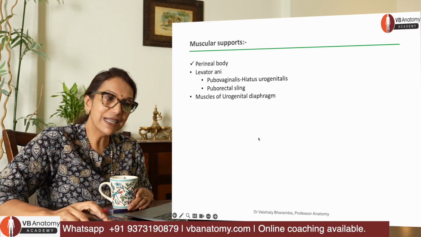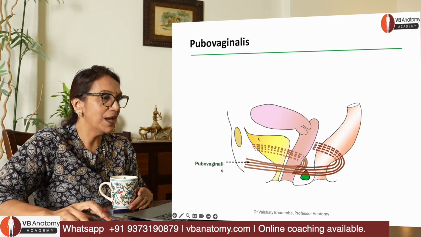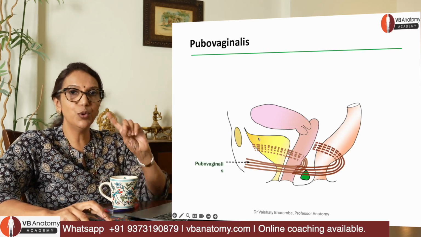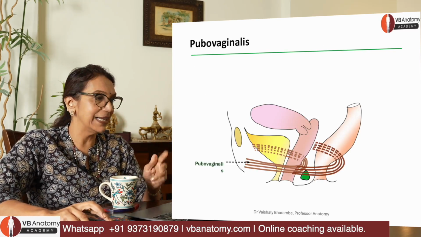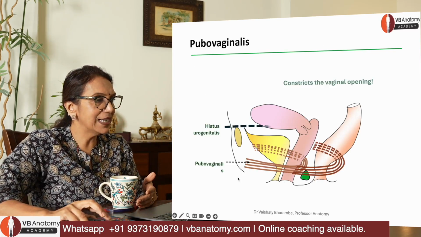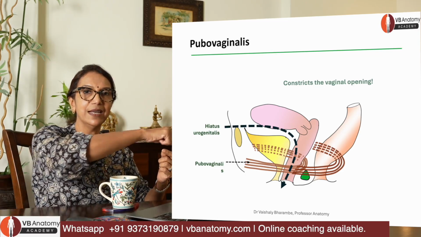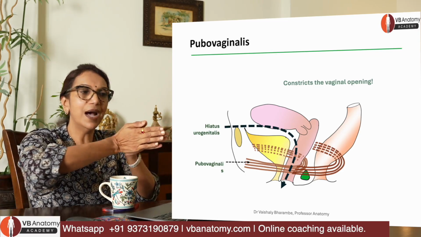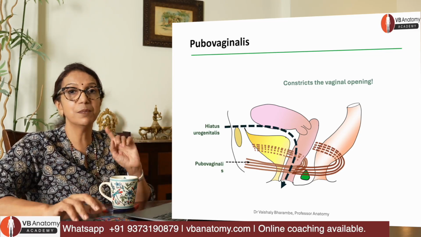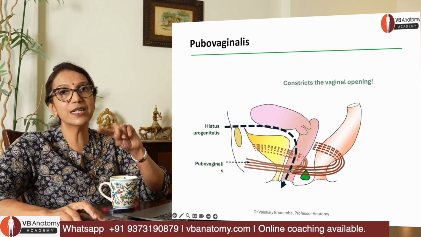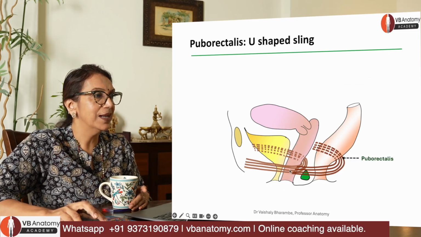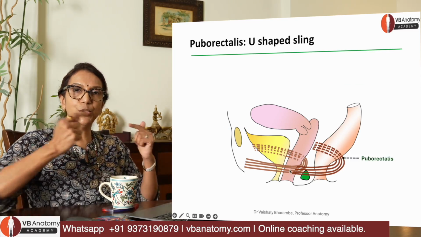Muscular supports, we've discussed the perineal body. I want you to just look at pubovaginalis and puborectalis here. Here's the pubovaginalis muscle. You can see how as it winds around the vagina, it's going to narrow the hiatus urogenitalis, preventing prolapse, and constrict the vaginal opening. In the second case, you are seeing the puborectalis.